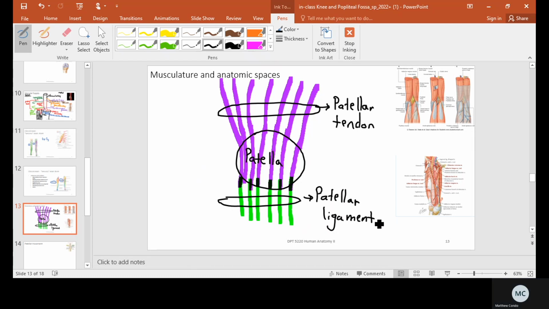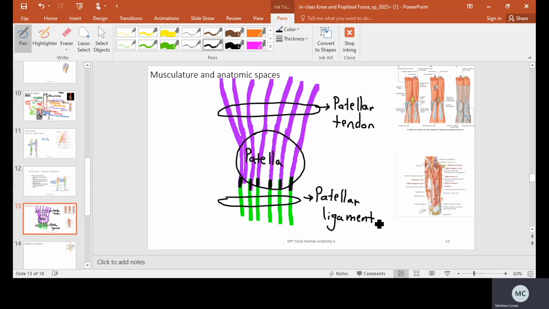Once the patellar tendon gets into the patella, I am now not attaching muscle to bone anymore. I'm attaching bone to bone. So one thing to watch out for, especially for things like lab exams, is where the needle or where the flag is placed relative to the patella.